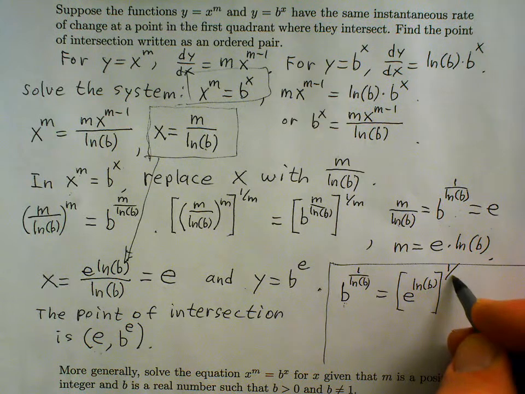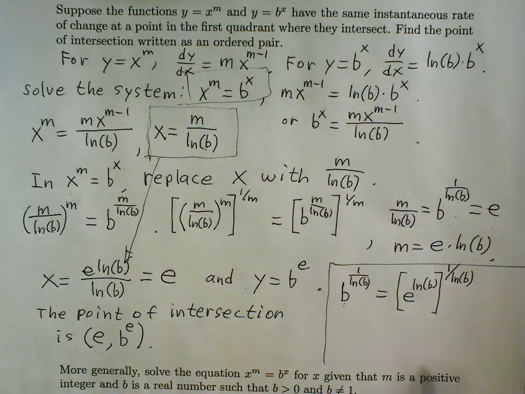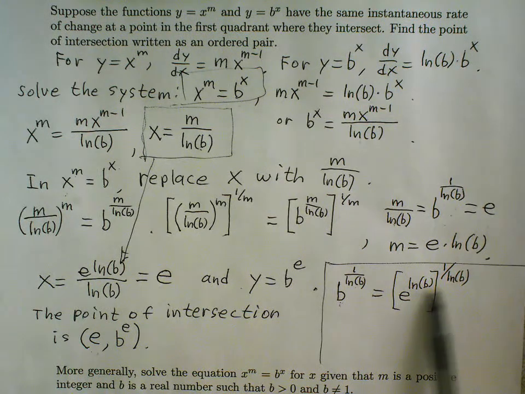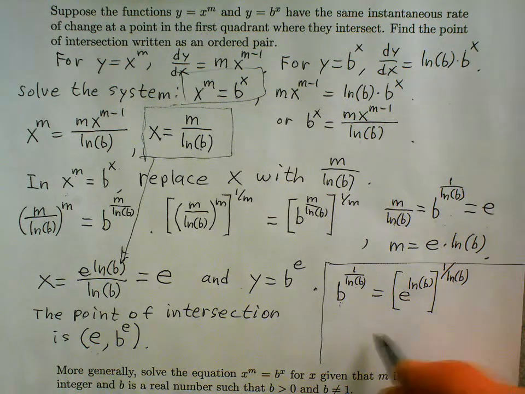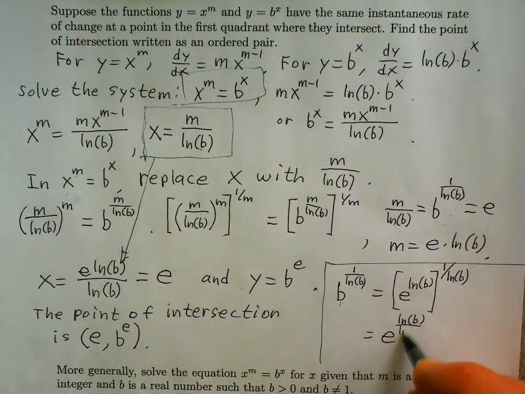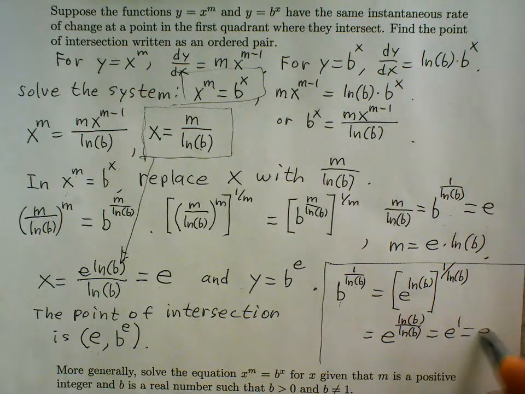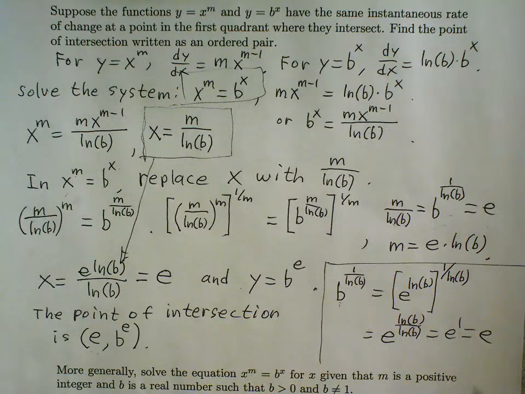And then we're still raising that to the exponent 1 over the natural log of b. And then applying one of the properties of exponents, we can multiply these two exponents. And we get e to the natural log of b over the natural log of b, or e to the first, or e. Okay, so that shows us that b to the 1 over the natural log of b is just the number e.